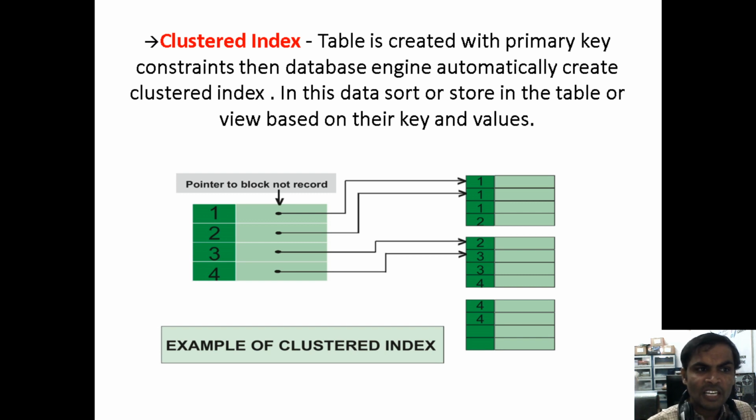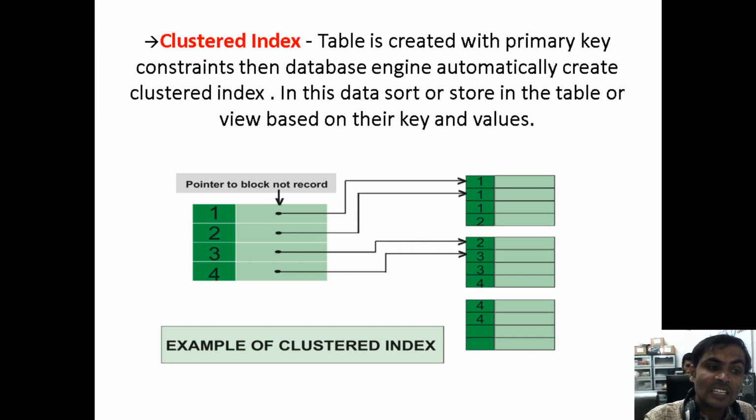We are not creating the cluster index ourselves. The cluster index is created when, at the time of designing the database or table using constraints, you define a primary key for the specific column and then insert the values into the database.